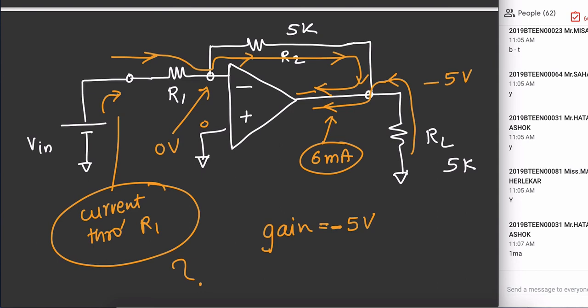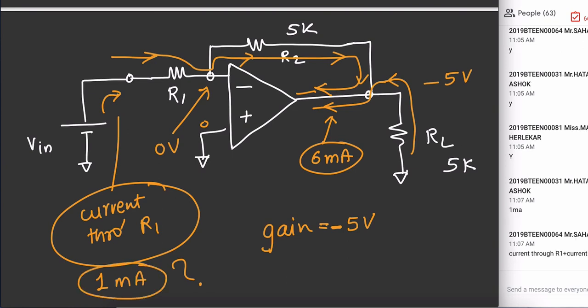Correct. That will be 1 milliampere. Okay. So likewise the questions can be there in the examination.